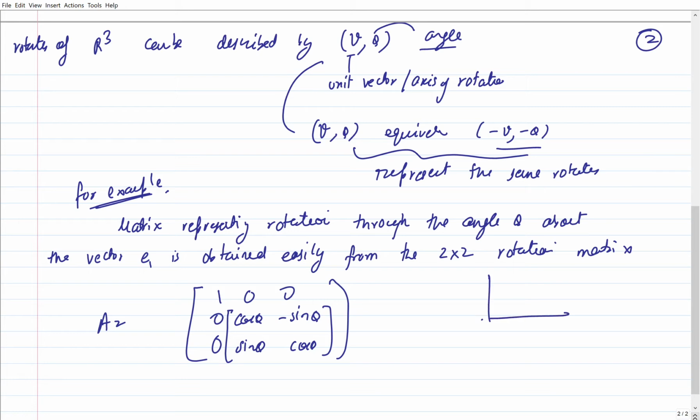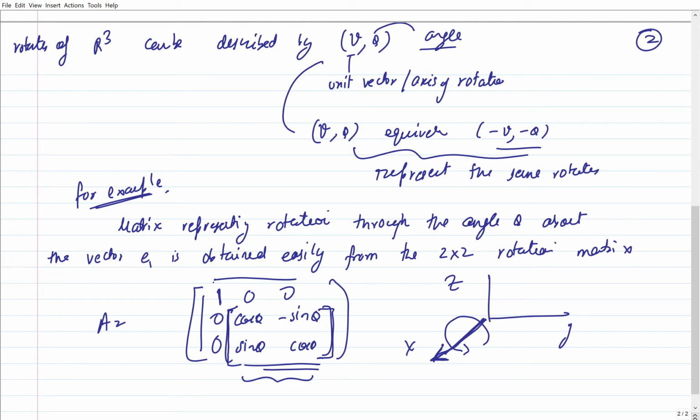What I do is fix this entry, and now I'm only interested in rotations about this particular axis. So this ensures I'm fixing x, and this ensures that once I fix the axis, this is a rotation of the yz plane. You can check it.